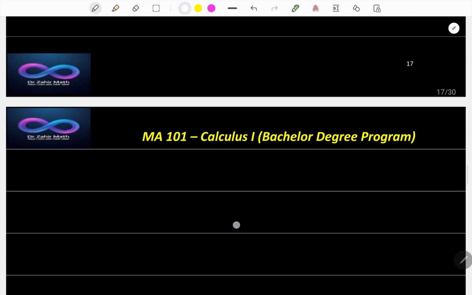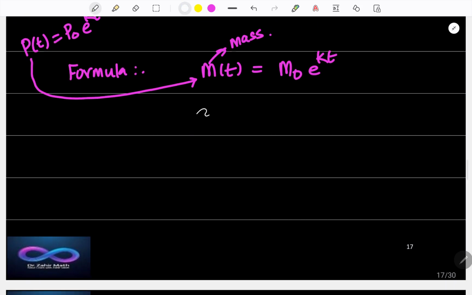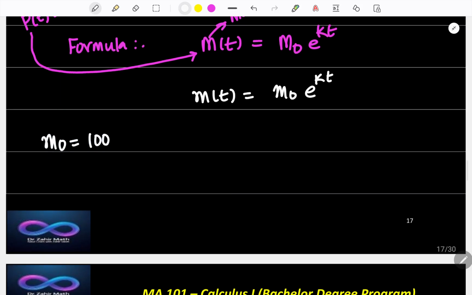So what did I ask you to remember? I asked you to remember m of t is equal to m naught e power kt. What is given? m naught is given. How much? Which is 100 grams. In the year 1590. Keep in your mind. That is after t is equal to 1590 years.